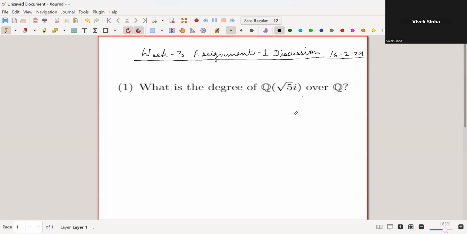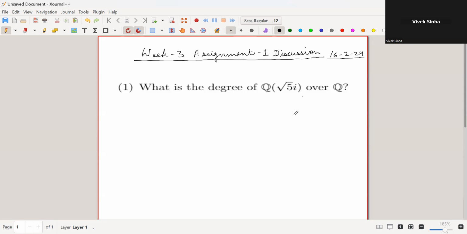By degree, we mean the vector space dimension of this field as a vector space over Q. So yes, any guesses or answer?